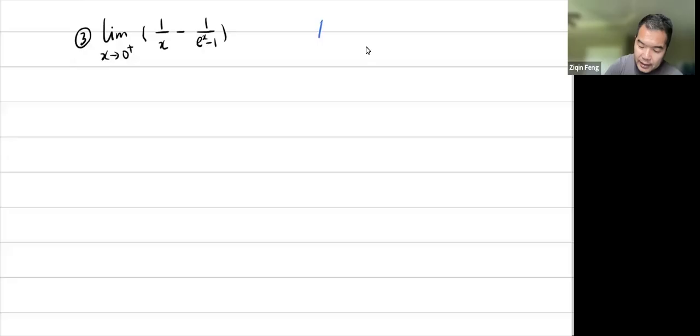So we know that as x goes to 0 from right side, x is getting smaller and smaller, but positively go to 0. Then we know that 1 over x must go to positive infinity, right? Also e to x minus 1, because as x getting closer and closer to 0 positively, e to x is getting closer and closer to 1, also greater than 1.